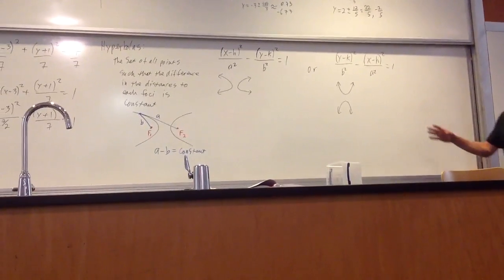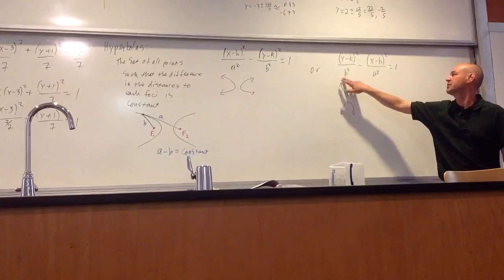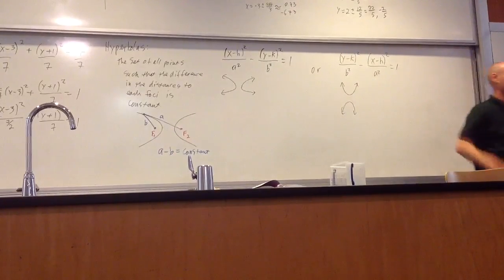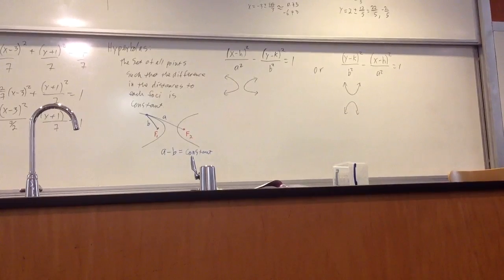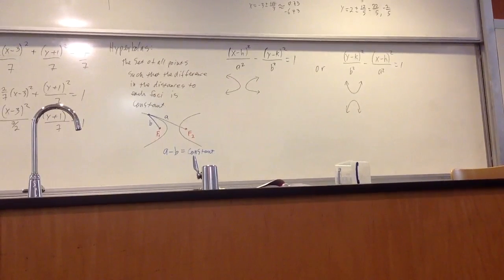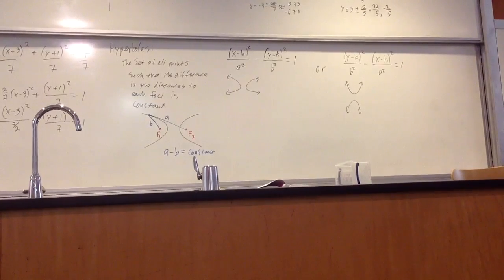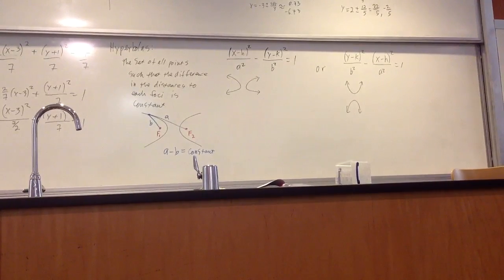By the way, your textbook mixes these up, calls this one a squared, this is b squared. It doesn't matter. I like keeping the x, the h, and the a all kind of as one package deal, just for your notes. Same with the y, k, b.